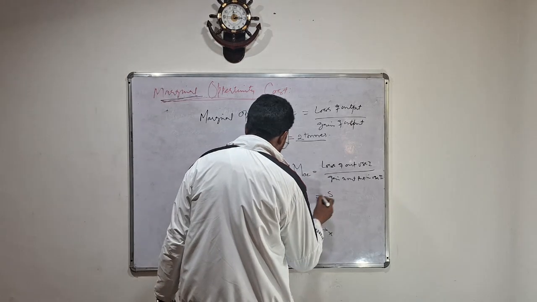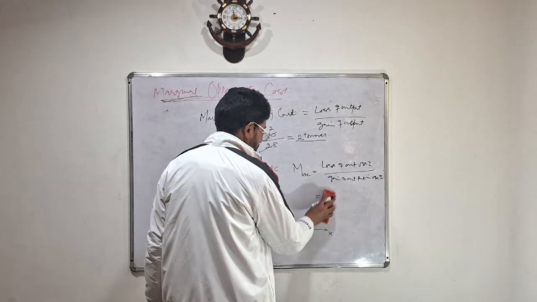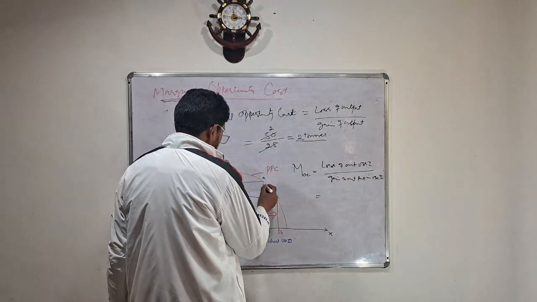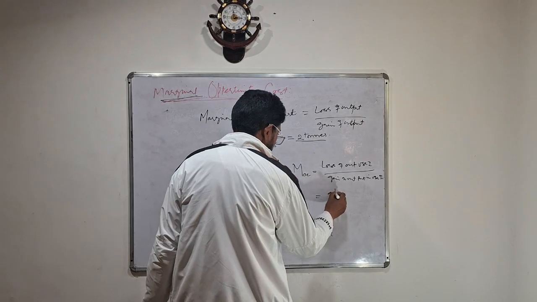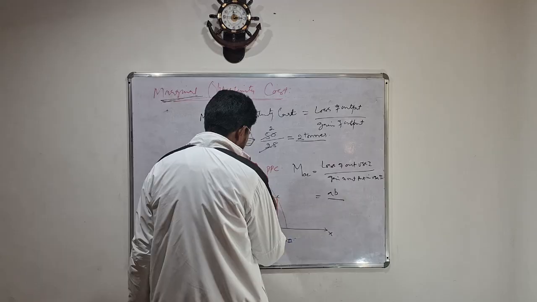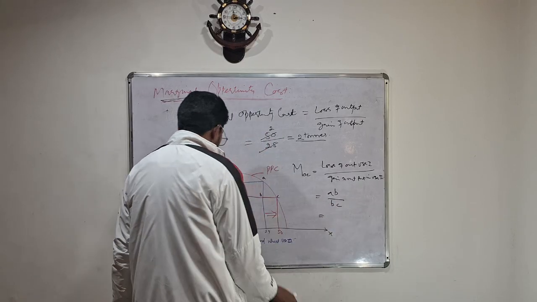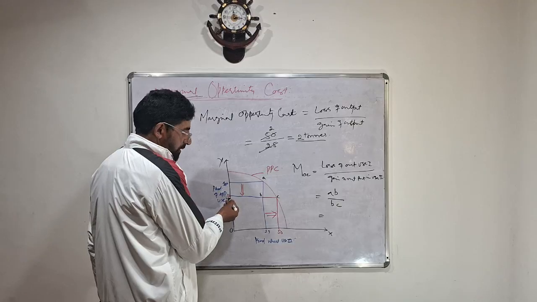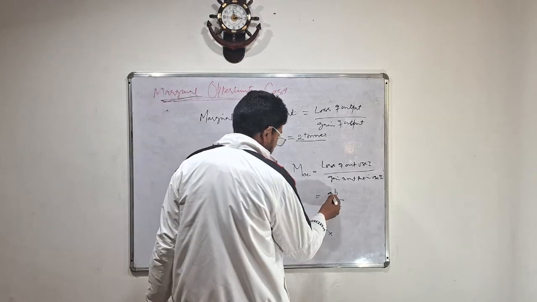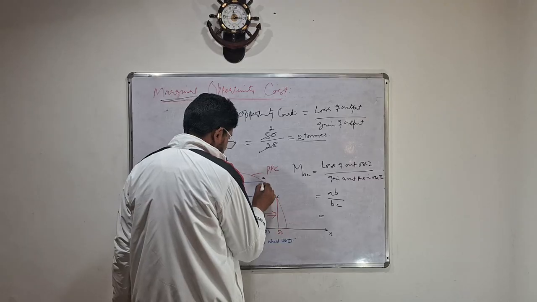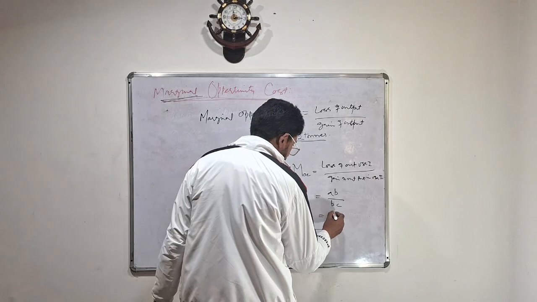And we can also write it in equation form: AB divided by BC. That will be equal to 100 units to 50, 100 declining to 50, meaning 100 minus 50. From A to B, this gap, the difference, is 50.